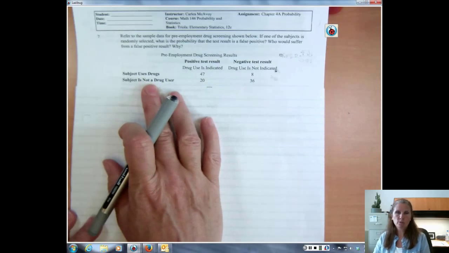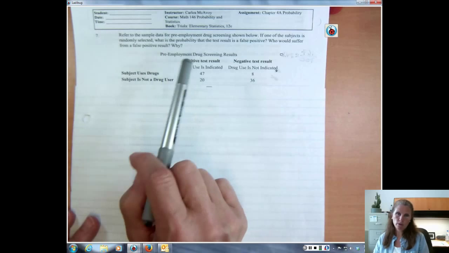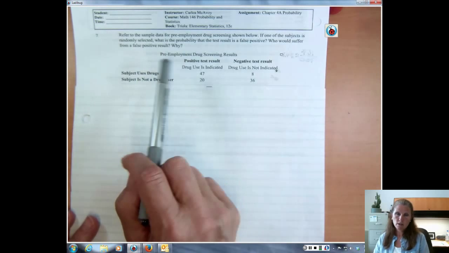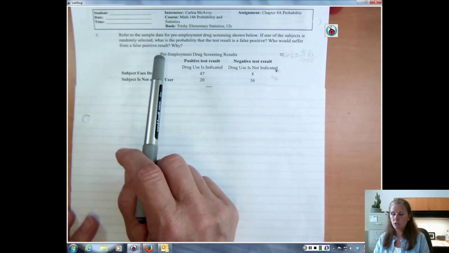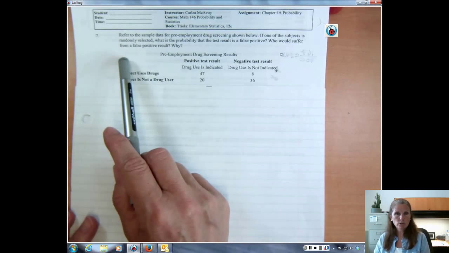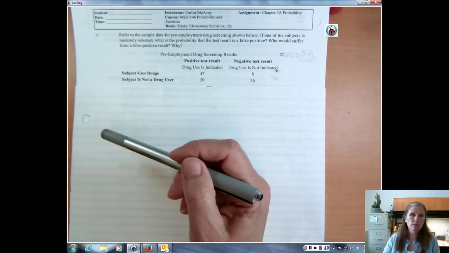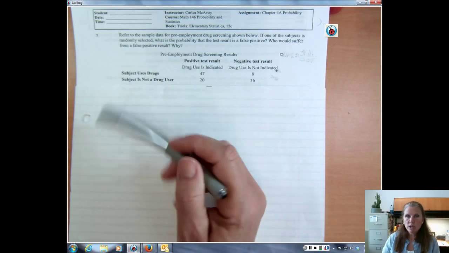Let's think about false positive. So you get tested because you want a job. They make you drug test. And you get shown to be positive when it's actually false. In other words, you weren't using any drugs, but your test showed up positive because you ate a poppy seed muffin or something like that. So who suffers from that?